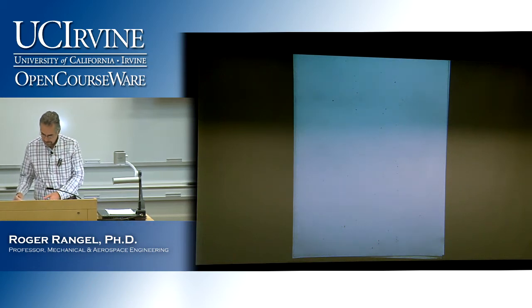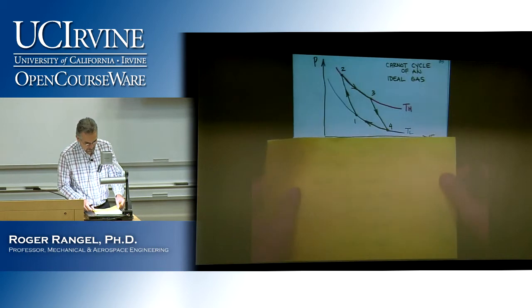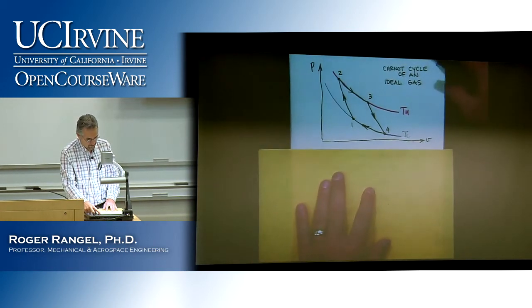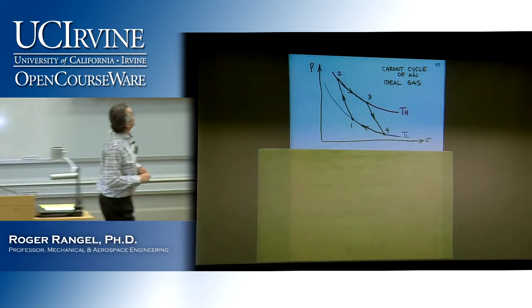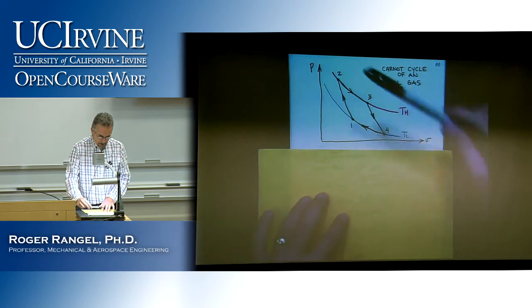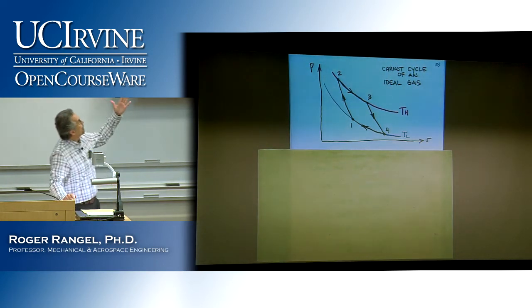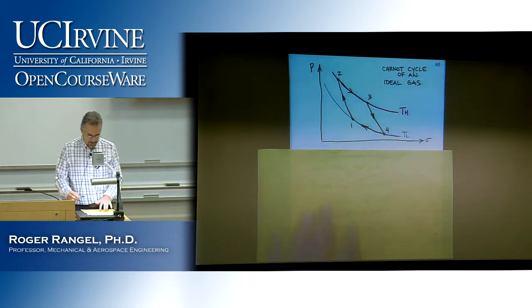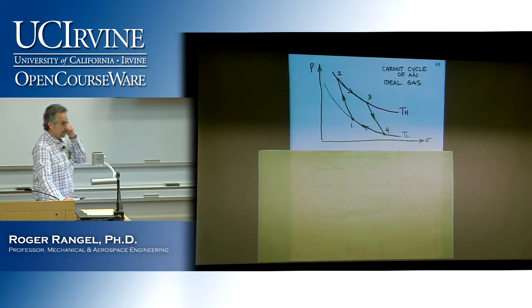So here is the Carnot cycle that I want to look at. I'm going to take the Carnot cycle of an ideal gas. We saw this figure earlier. I show the two isotherms. I made the high temperature isotherm in red, T sub H, and the low temperature isotherm T sub L in blue.